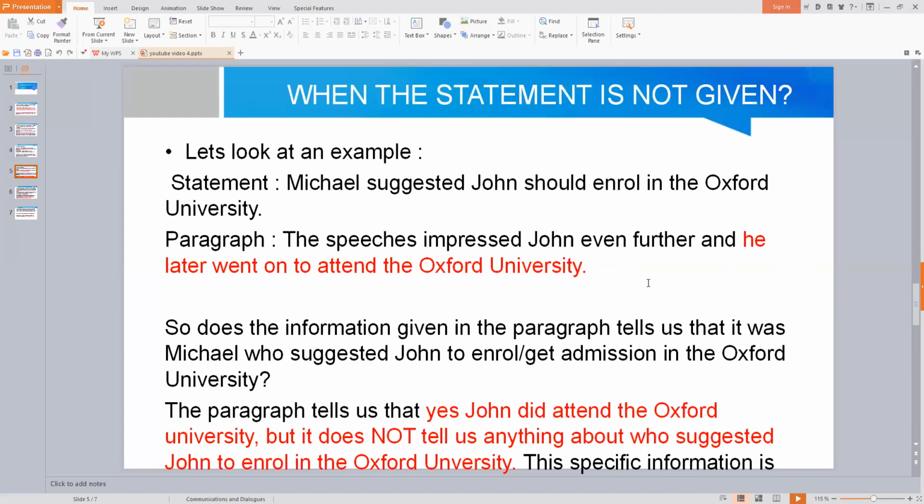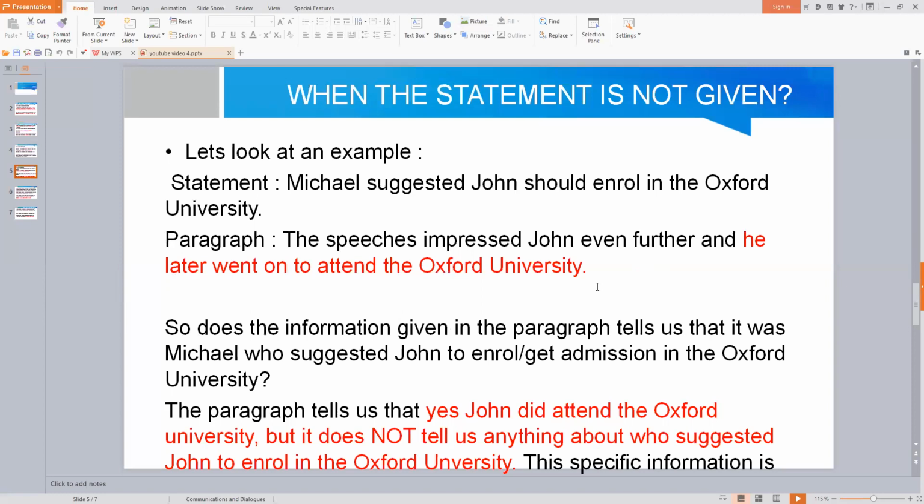So here's the trick. Listen to this very carefully. Yes, the paragraph is telling us that John did attend Oxford University. The bit in the red, okay? That John later went on to attend Oxford University. So yes, the paragraph tells us John did attend Oxford University. That's correct.